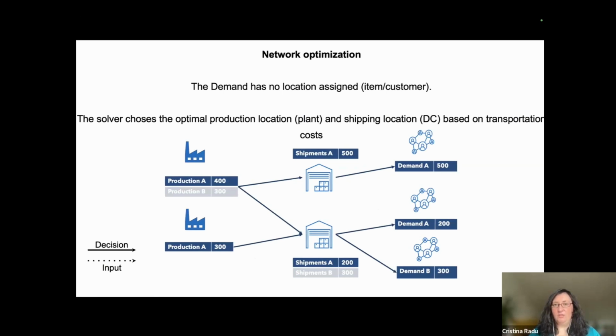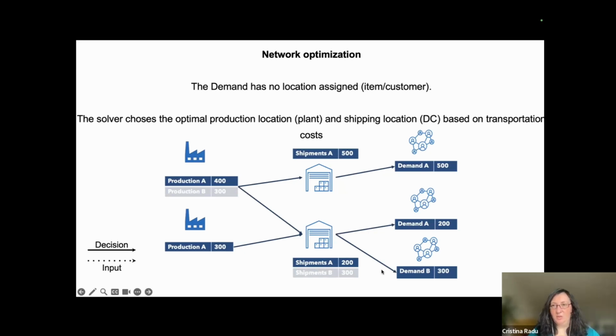So we let the solver decide which distribution center is the best to meet the demand. So in this case, we have decisions on both sides of the supply chain. First, how much we need to produce and where. How do we distribute it to the DCs? And then how do we optimize this part of the flow?